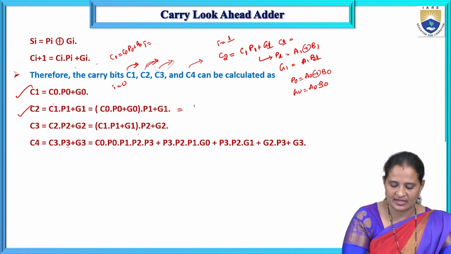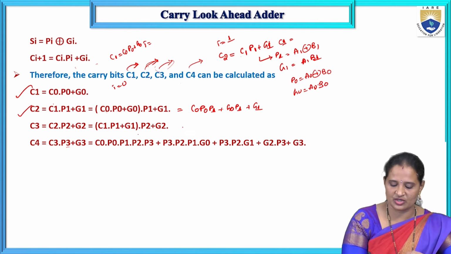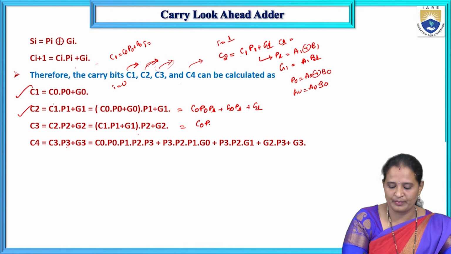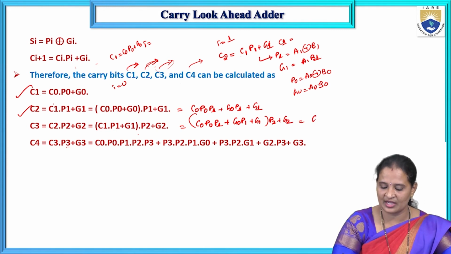So I can simplify C2 as C0 P0 P1 plus G0 P1 plus G1. Just substitute this in the equation: C3 is C0 P0 P1 P2 plus G0 P1 P2 plus G1 P2 plus G2. So what is this? If I simplify this, what will I get?